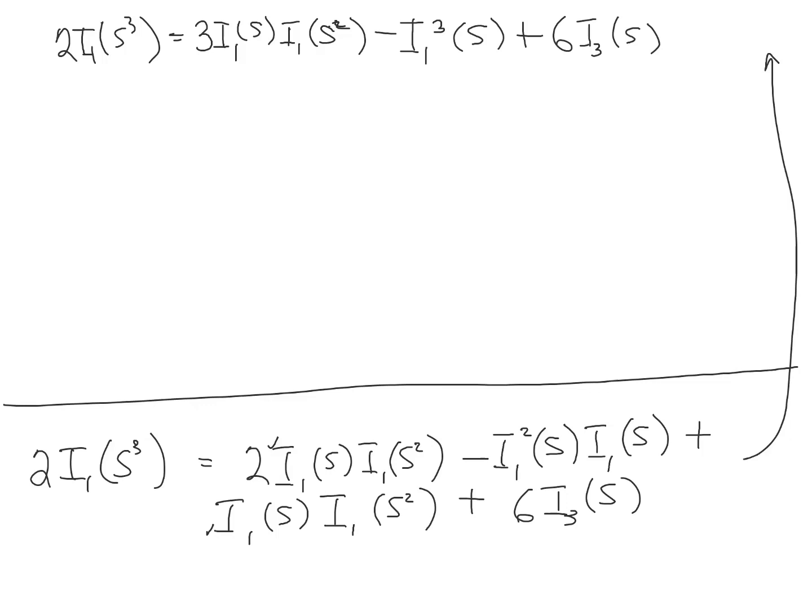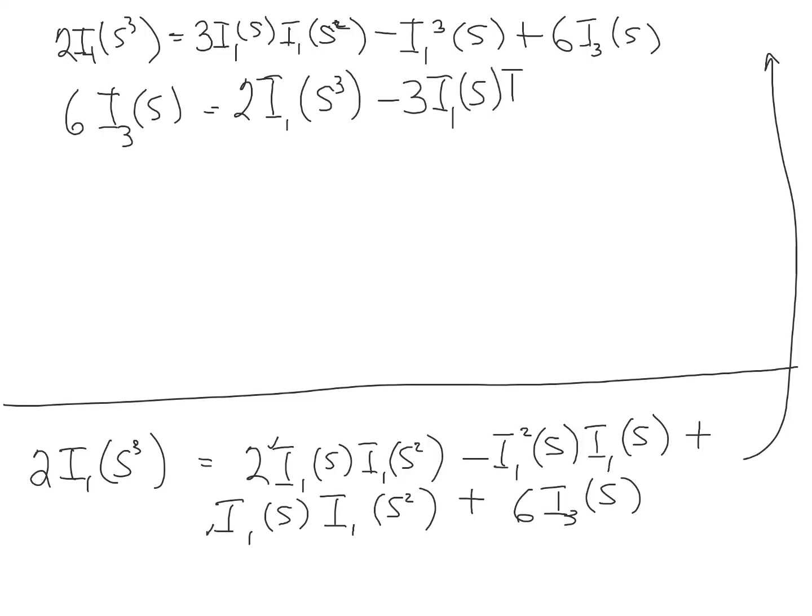We already have it, but if we write it out, it means we'll have 6 third invariant of S will be equal to 2 first invariant of S cubed minus 3 first invariant of S first invariant of S squared plus first invariant cube of S.